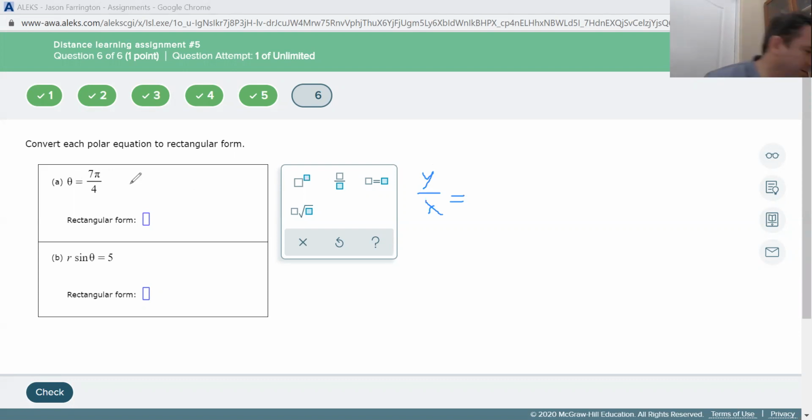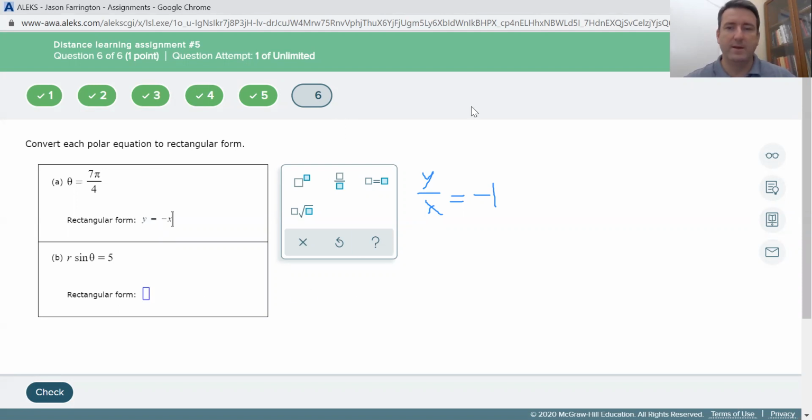If we go to our unit circle, we see that the tangent of 7 pi over 4 is -1. So this is -1. And then we can multiply both sides by x, and we get that y is equal to -1 times x, or just -x.